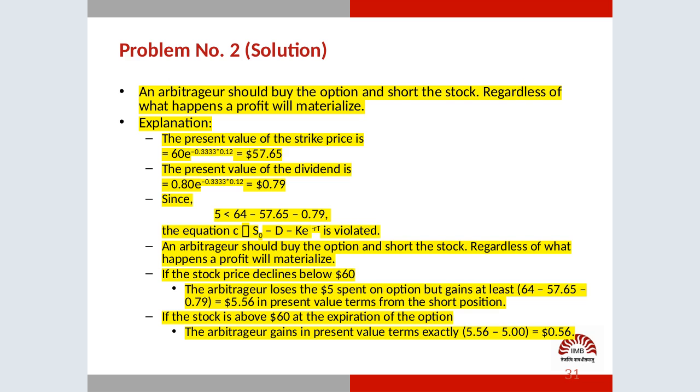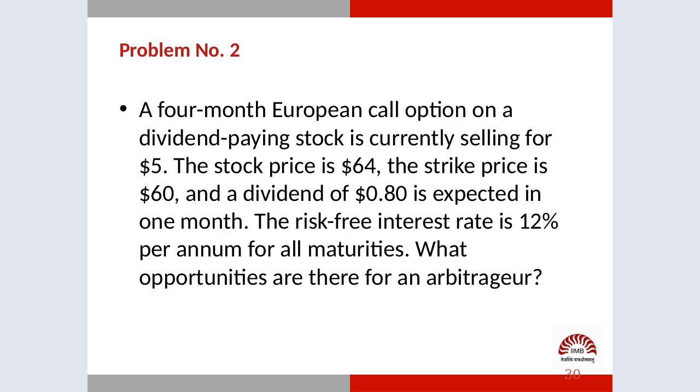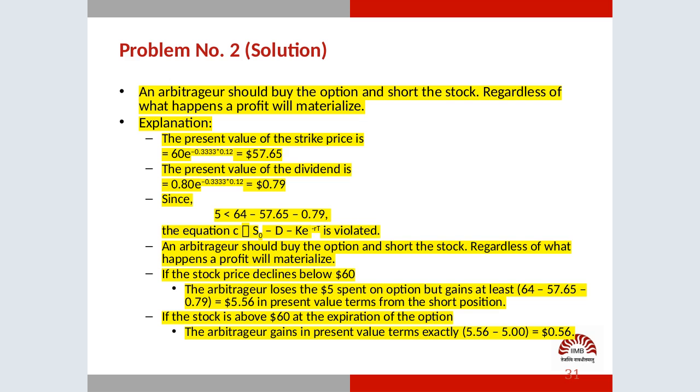Now, the price of the option is $5 in the market. What should be the theoretical price of the option? C should be greater than S naught minus K to the power of minus RT. And since a dividend is there, you have to subtract the dividend. So S naught minus D minus K to the power of minus RT, which is 64 minus 57.65 minus 0.79.